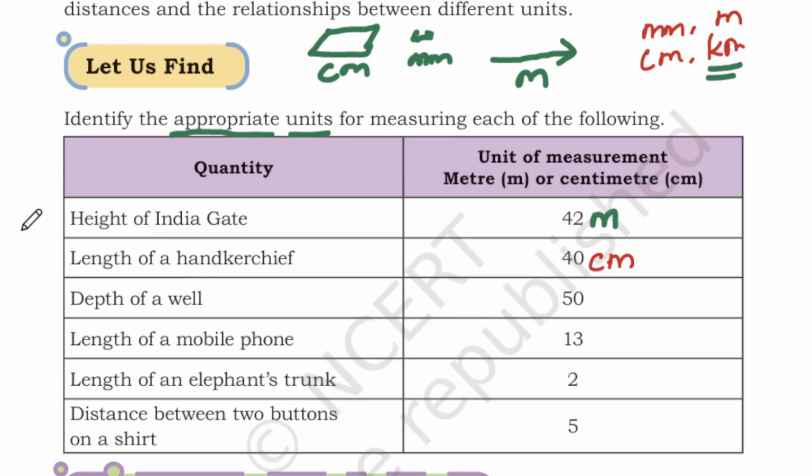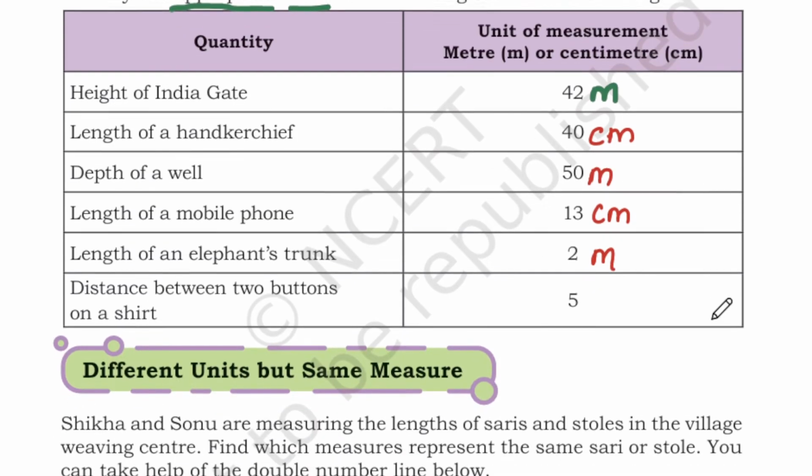Normally it will not be more than 7 to 8 centimeters for kindergarten students, so it will be in centimeter only. Depth of a well will be in meter. Length of a mobile phone is in centimeter because it is not more than one hand span. Length of an elephant trunk will be in meter, not in centimeter. An elephant trunk is very long.